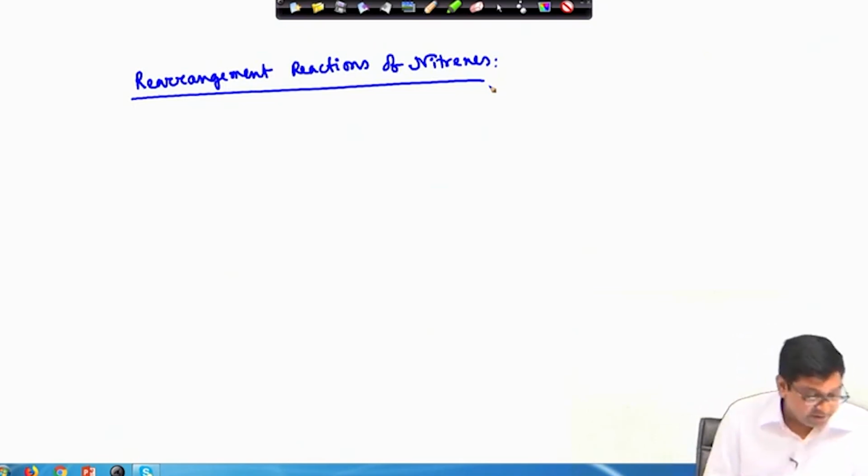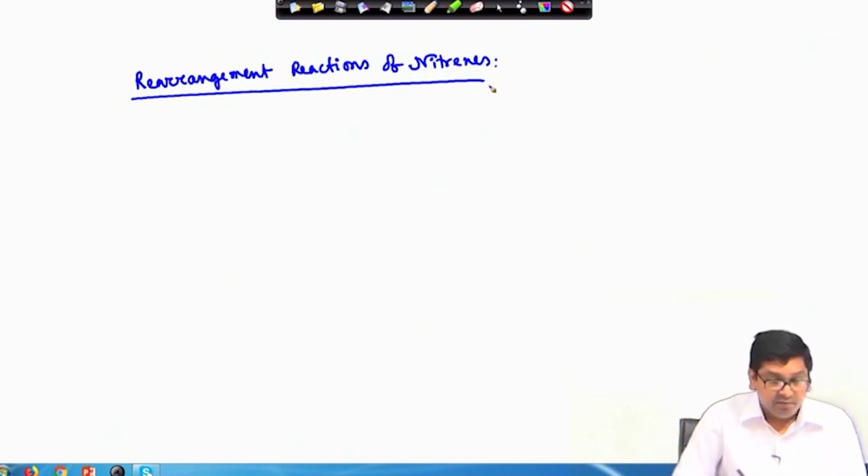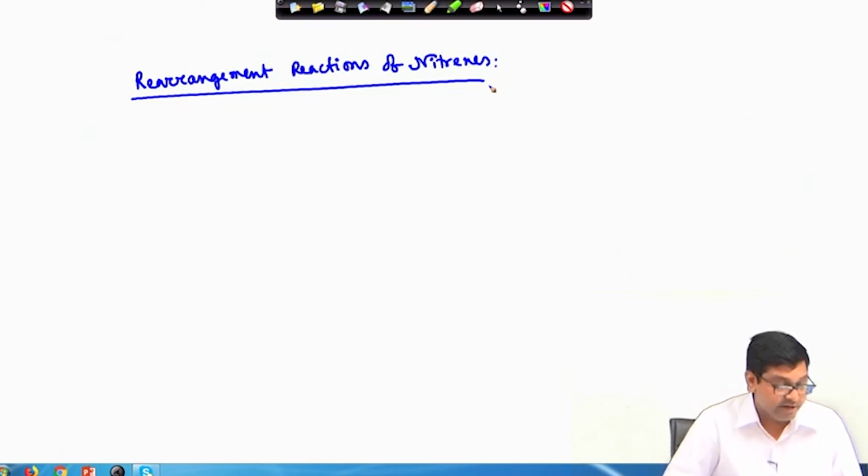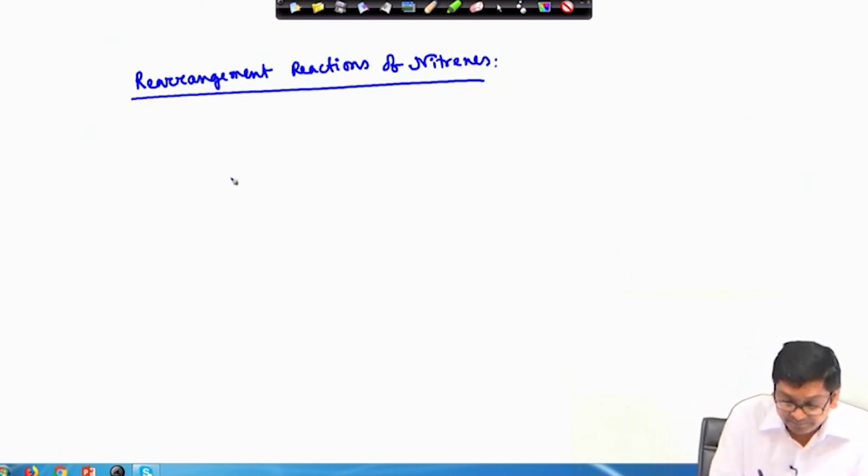If we see how the Wolff rearrangement works for carbenes, that will make it clear how these reactions proceed in the case of nitrenes. One of the most prominent intermediates commonly generated in these types of reactions is the isocyanate.